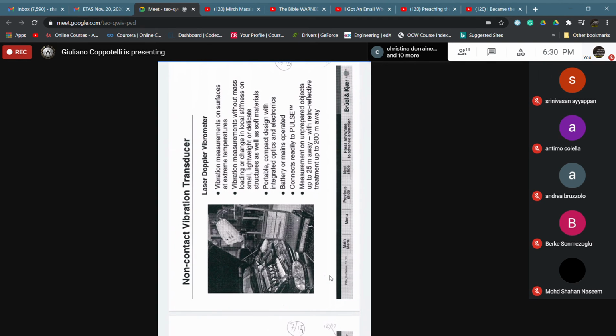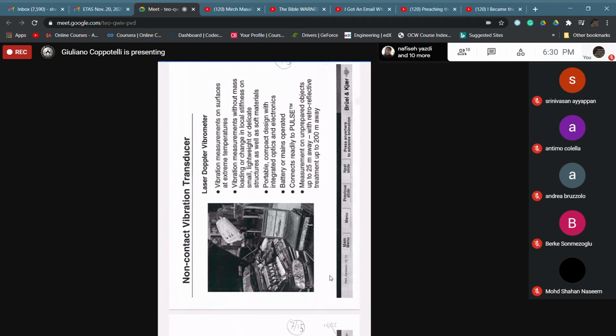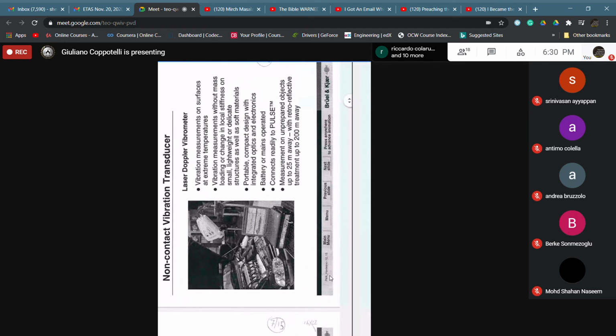Sorry, once again, you have to rotate, but I'll give you the copies of this information. The non-contact vibration transducers are very useful when we are dealing with structures that are very difficult to be in contact with, like hot parts or some operating structure.